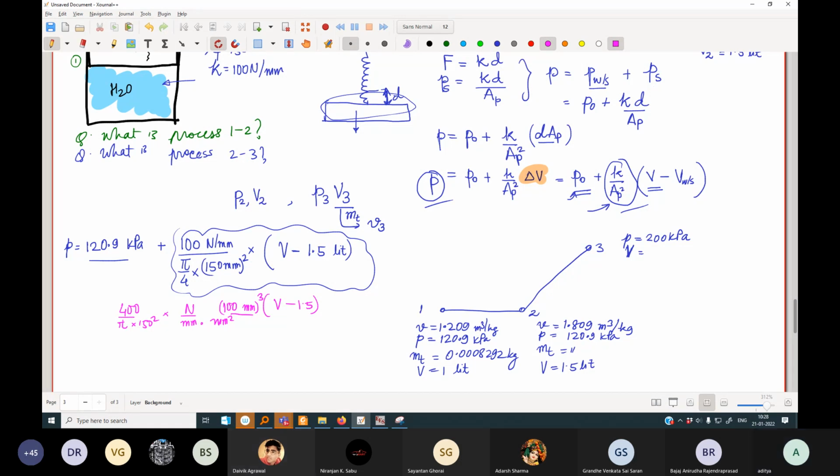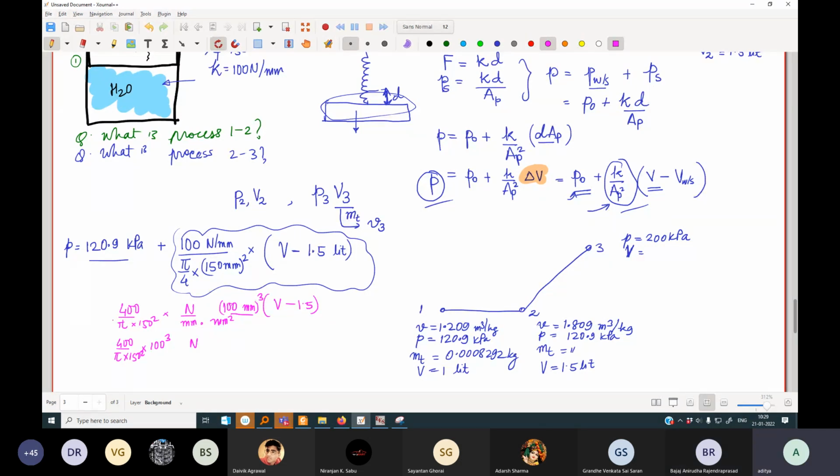This is 400 over pi into 150 square. Now 100 cubed comes into the picture. So it's Newton. So everything cannot cancel out. So we have upon area square, not just area. Oh, we have area squared.